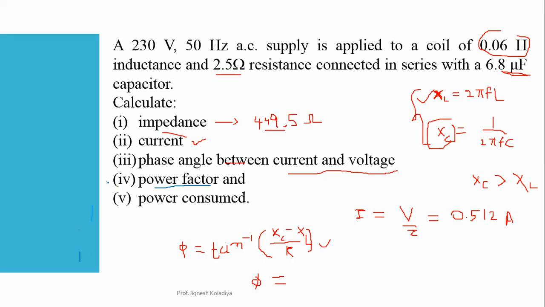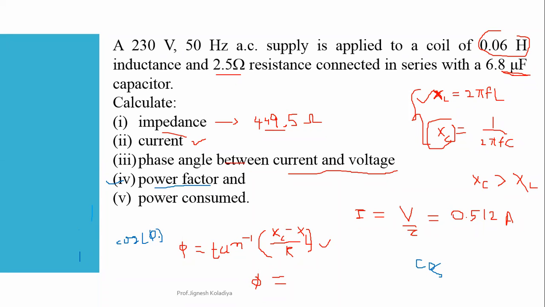In the fifth case, we have to find the power factor. It is very simple. Just take cosine of angle phi, and you will get your power factor. Again, do not write just the value.